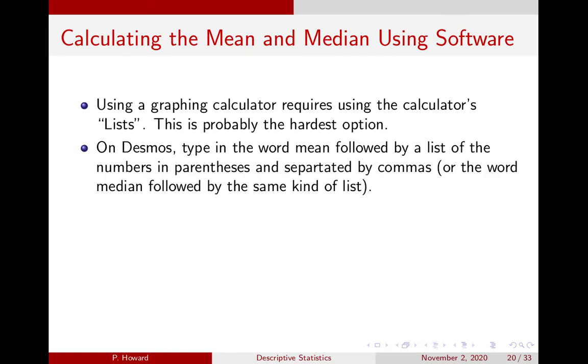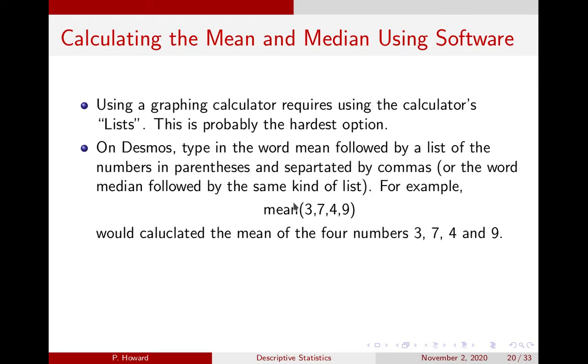So in Desmos, to get the mean of a bunch of numbers, you type in the word mean, followed by a list of numbers in parentheses and separated by commas. Or if you're calculating the median, you would type in the word median, followed by the same kind of list.